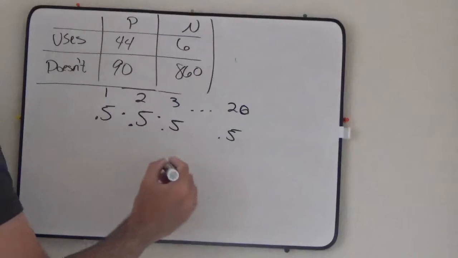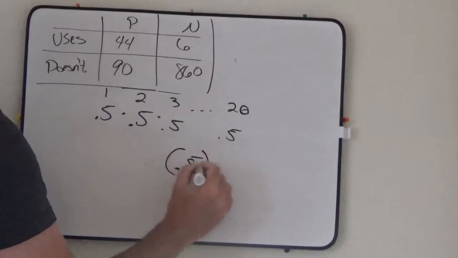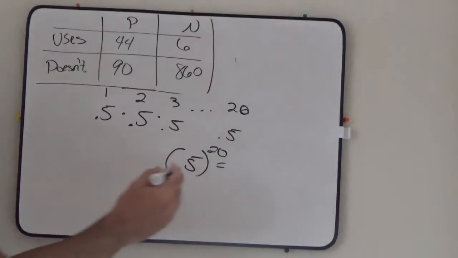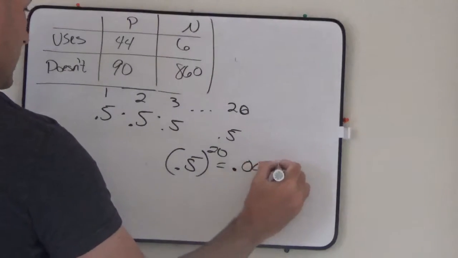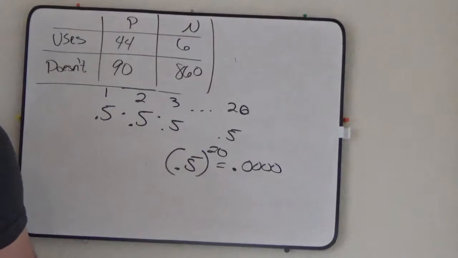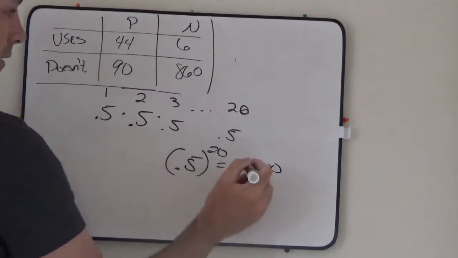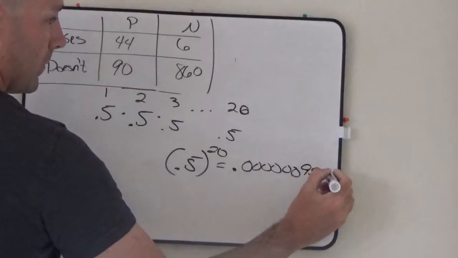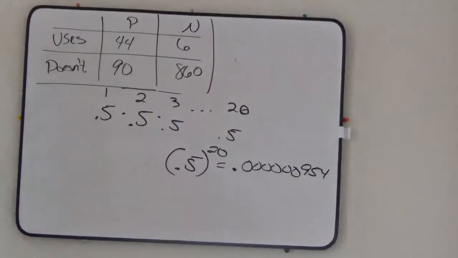We could solve that by doing 0.5 to the 20th power, and that would give us 0.0000, see how many zeros I'm going to have here, 1, 2, 3, 4, 5, 6, 954.